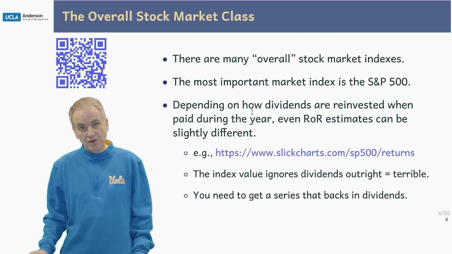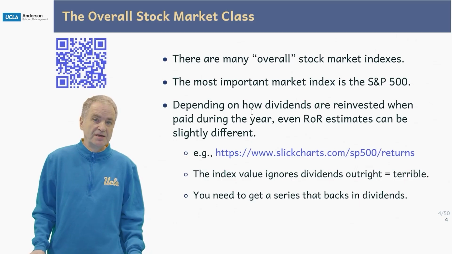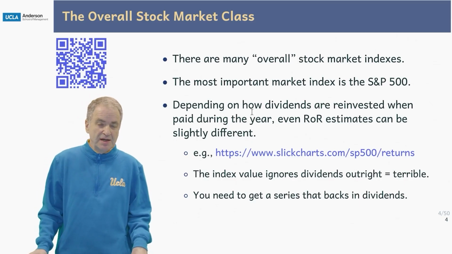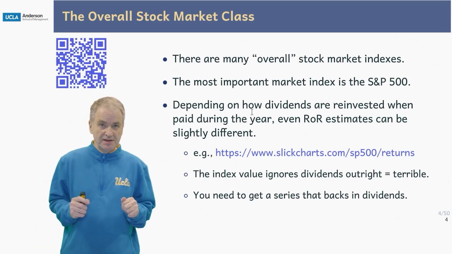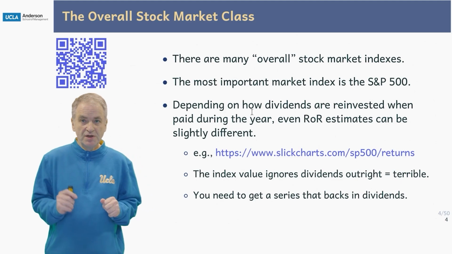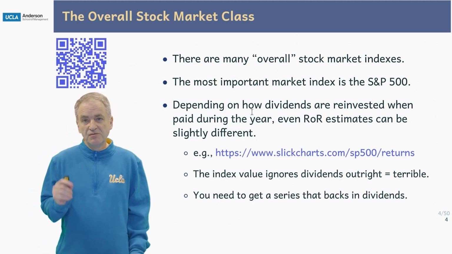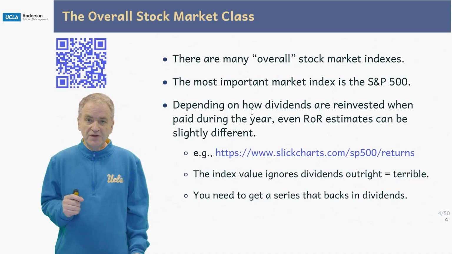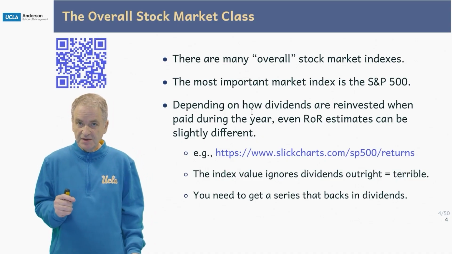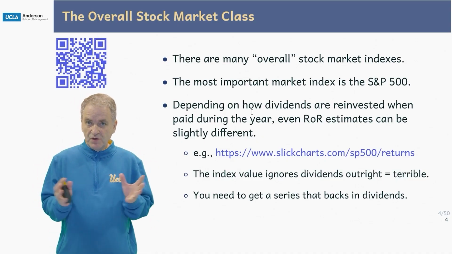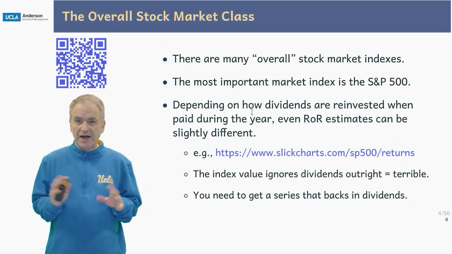Now, the most important one from our perspective is the overall stock market. And there are many different stock market indexes. But the most important one is the S&P 500. So the S&P 500, roughly speaking, is the 500 largest companies. You take their portfolio, you roughly value-weight it.